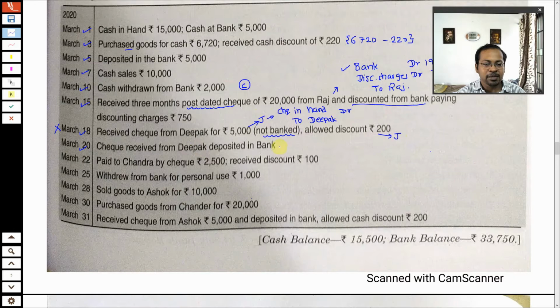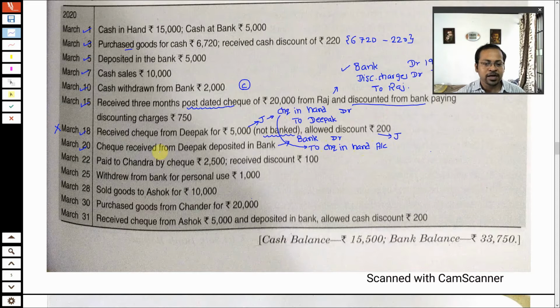So when I deposit the check, then I will debit bank and credit will go to check in hand account. So bank debit to this earlier debited account will be credited, which is check in hand account.